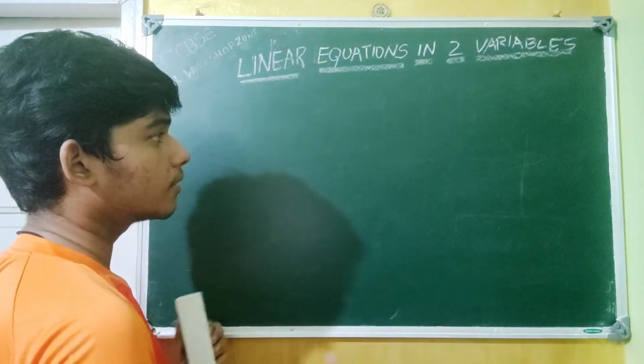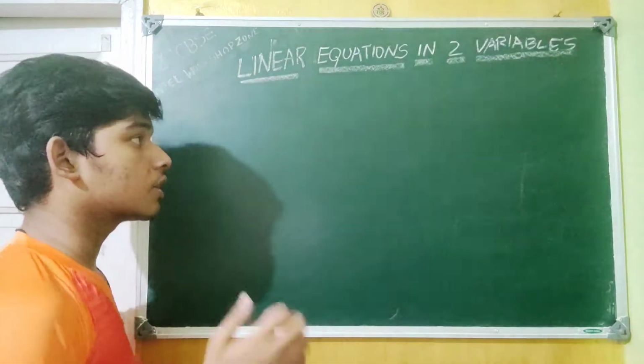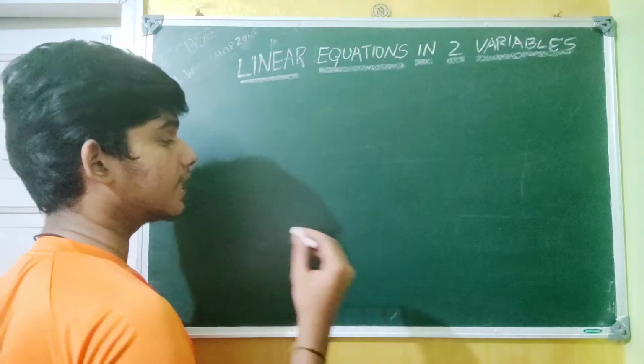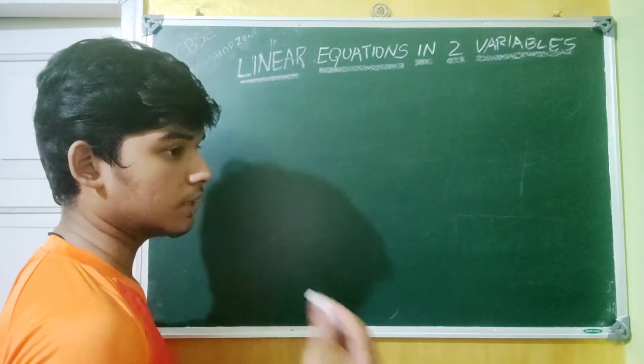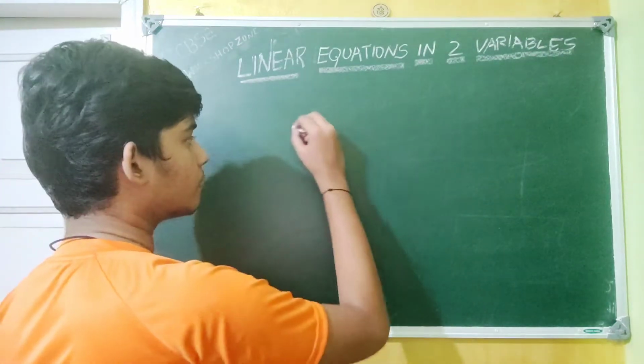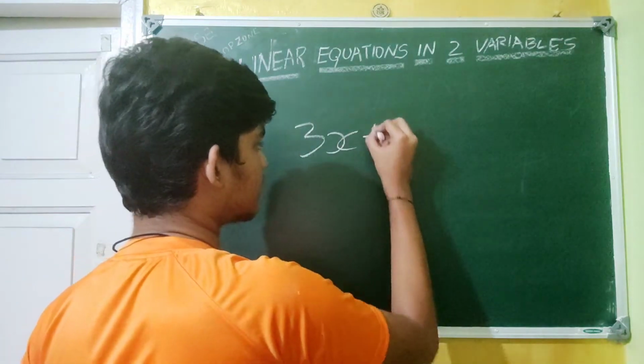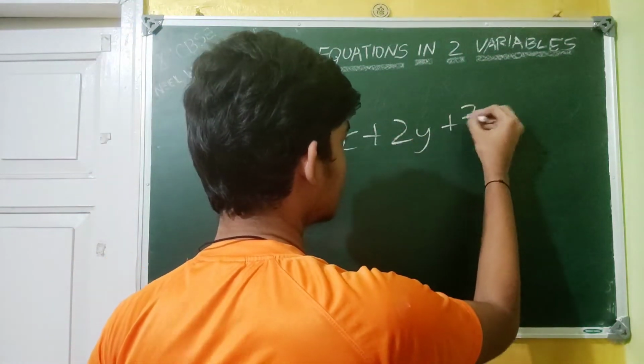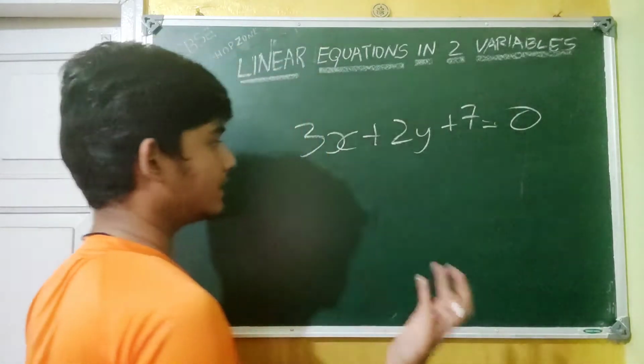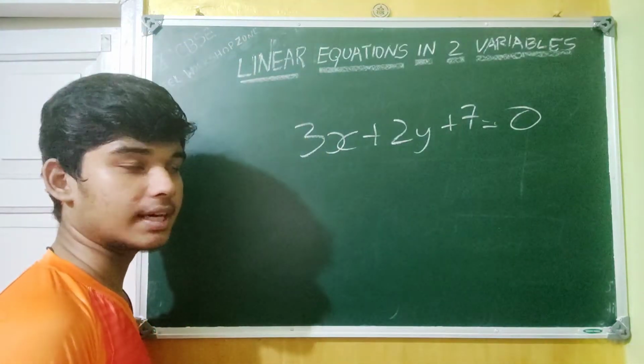Before we talk about the system of linear equations, let us talk about the general form of a linear equation in two variables. For example, when I write a linear equation, 3x + 2y + 7 = 0, we can say that it's a linear equation in two variables, right?